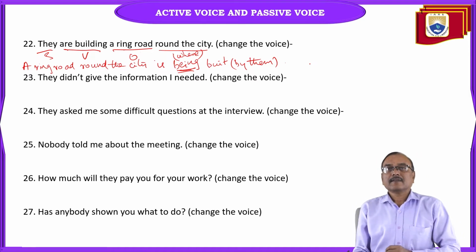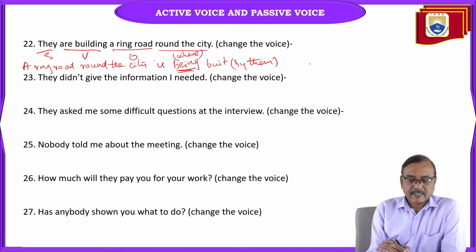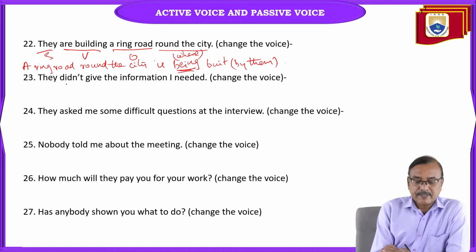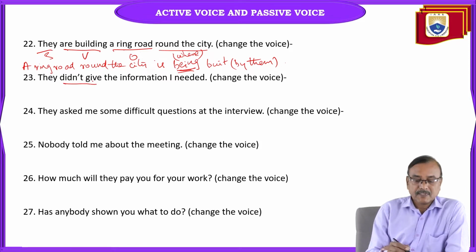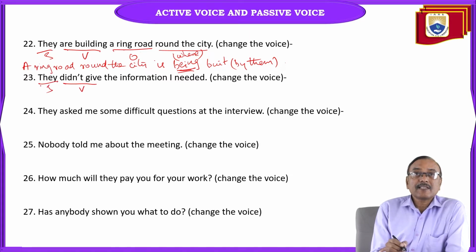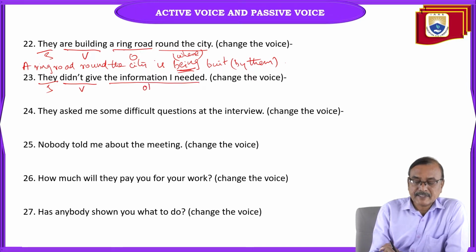Next. Okay. First, identify this. They didn't give the information I needed. They didn't give, this is the verb. What is the subject? They. What is the object here? The information I needed. So complete, you can take it as the object.